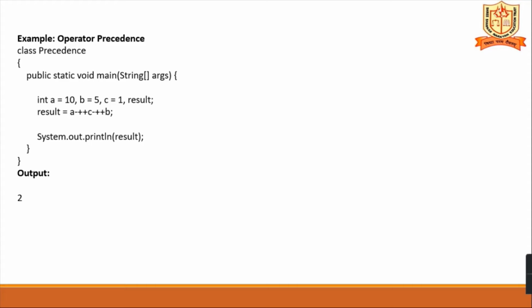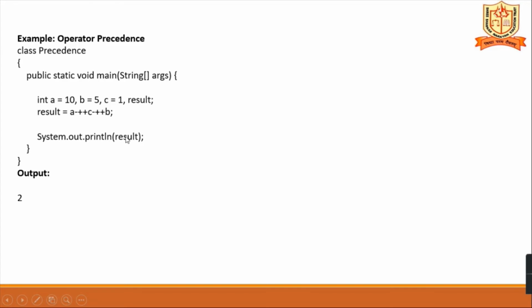What is the value of c? It is 1, and then 10 minus 2, then it is 8, and then 8 minus ++b. What is the value of b? The value of b is 5, and then ++b means the value is 6. That is 8 minus 6, the output is 2.